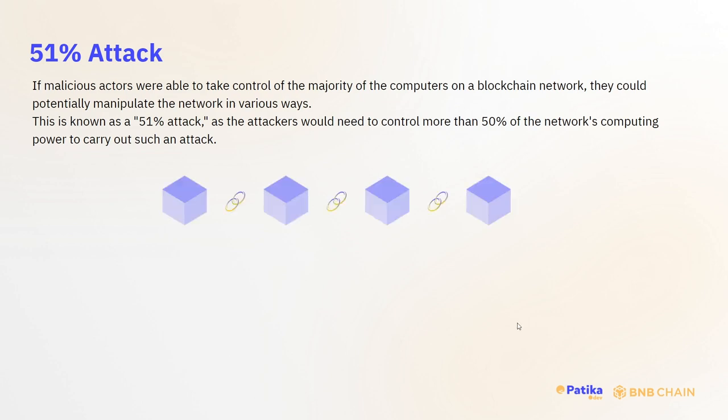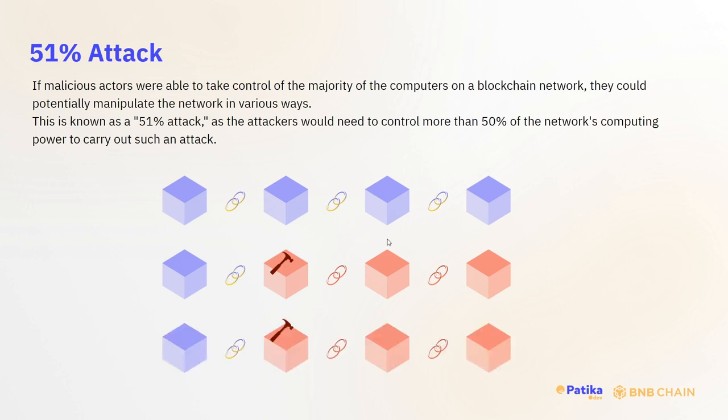So for example, we have a blockchain and it's not changed, but the majority of the blockchains is changed by some malicious actors. So in this regard, they have the majority of the computers, and even if one of the computers has the correct data, we can say that okay, the majority will be considered as valid, and even if this data is changed, it cannot be assumed that it's changed.